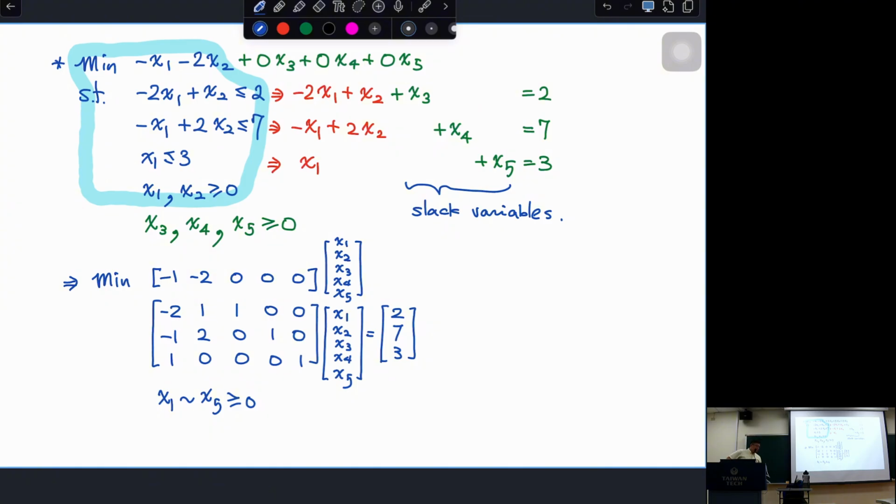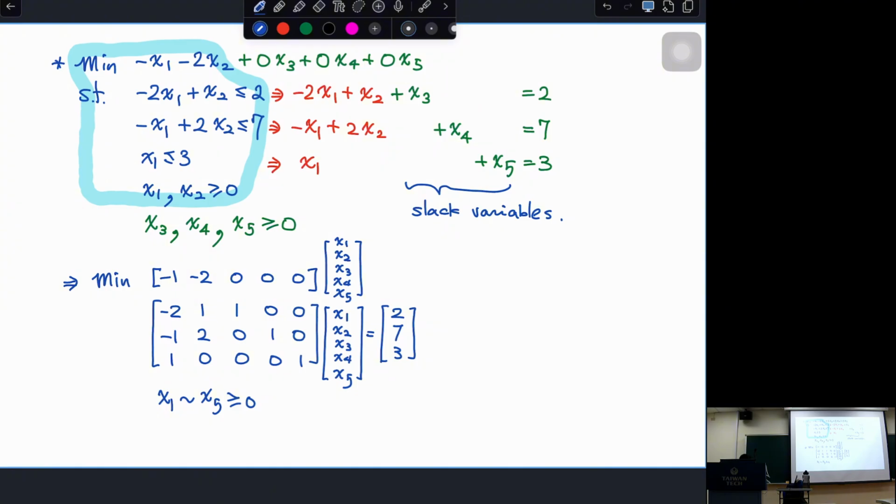Okay. So I'm going to tell you that we are going to group the variables, separate them into two groups. And I'm going to tell you how we are going to group them.